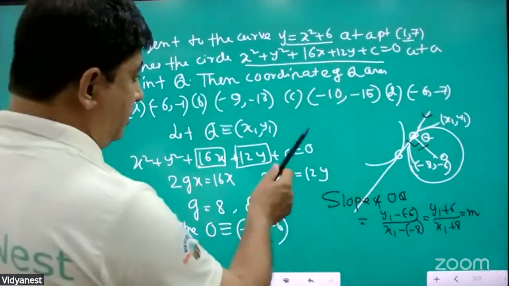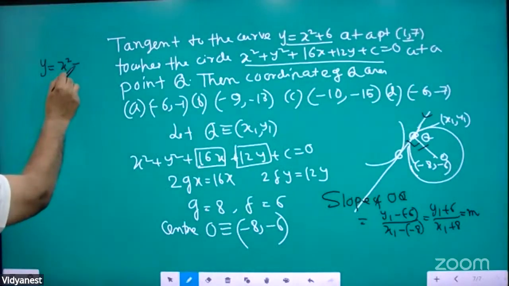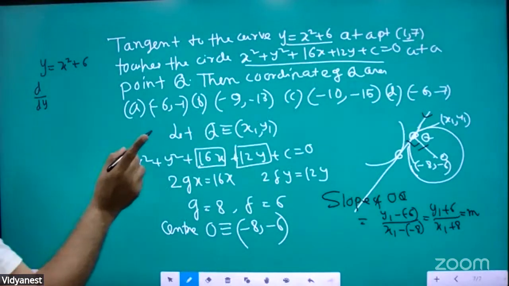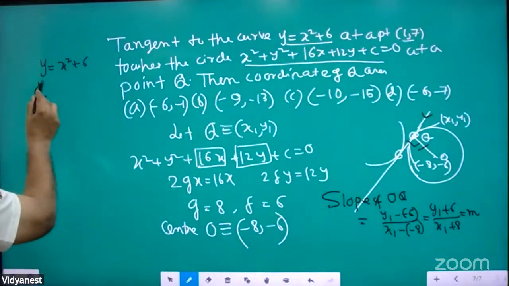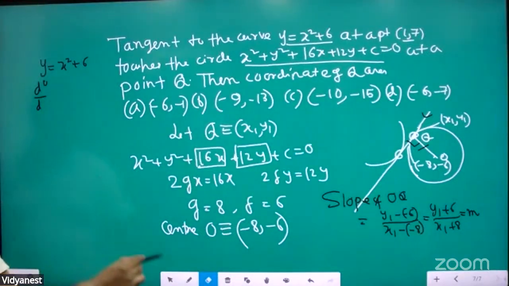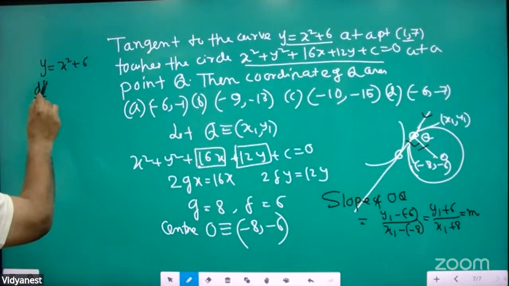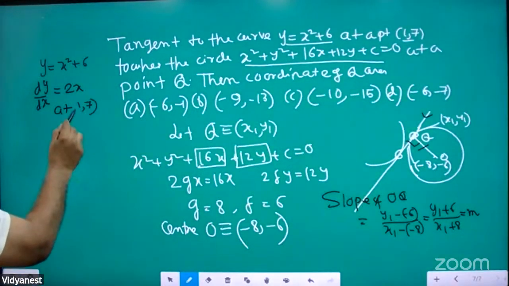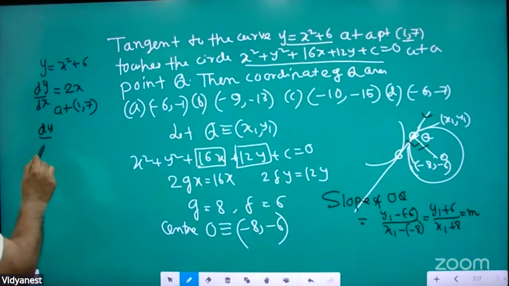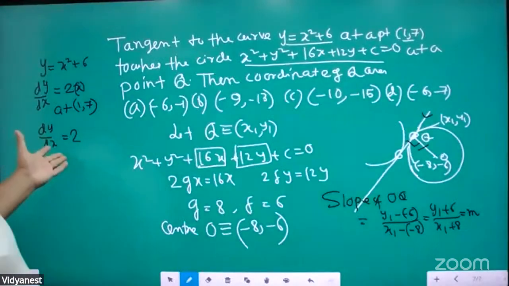Okay. Now, the curve is what? y is equal to x square plus 6. How to find the slope of the tangent at any point on the curve? By differentiating with respect to x. That is 2x. At 1,7, dy/dx is 2, because there is nothing to put in place of y.